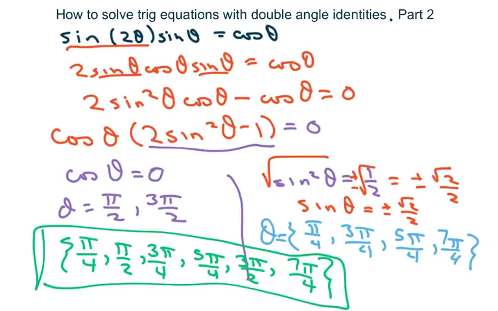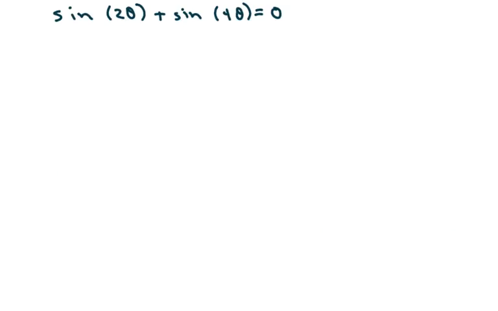Okay, the next one's a little more complicated. Hopefully you've already done the preliminaries before you watch this video. So the first thing I'm going to do is just copy this one down.